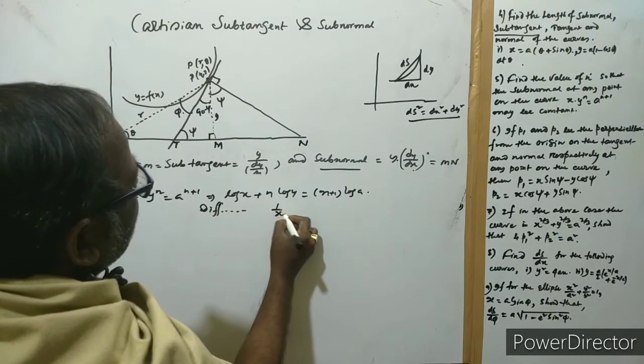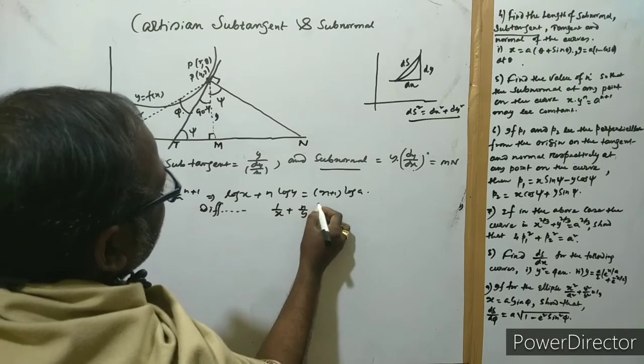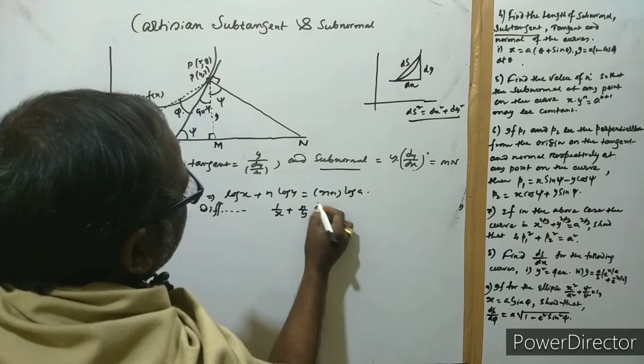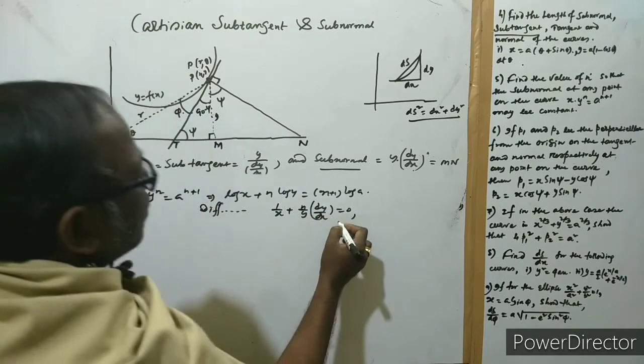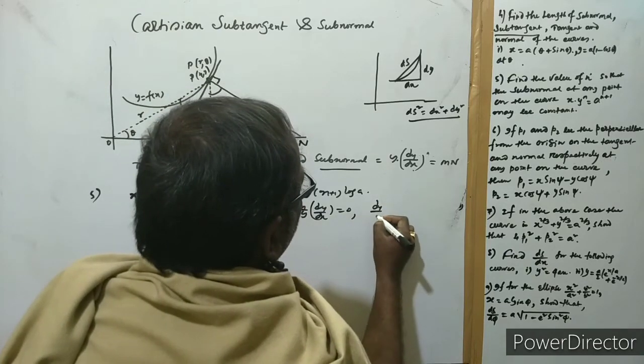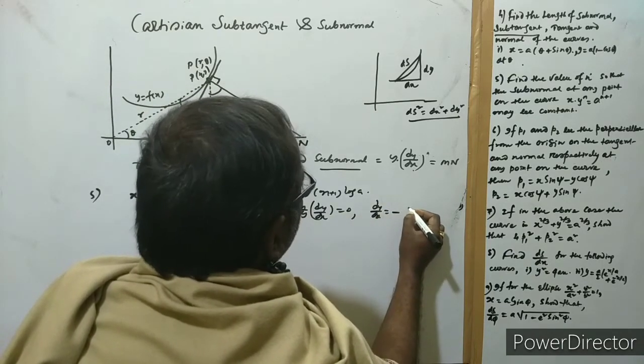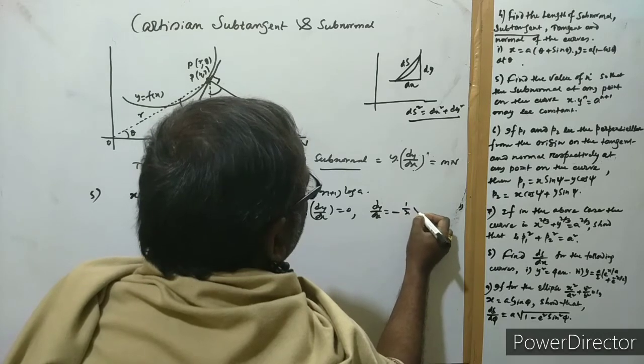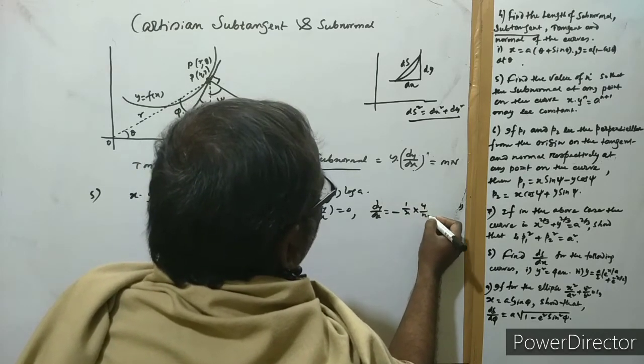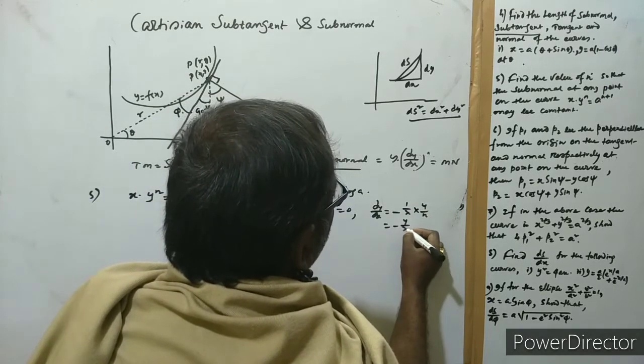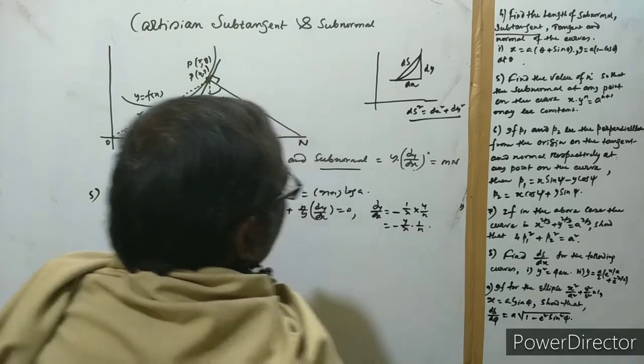This is 1 by x plus n by y dy by dx equals 0. So dy by dx is equal to minus y by n x.